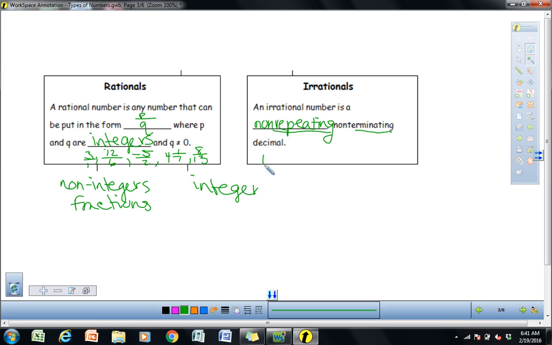So the square root of 2, if you put that in your calculator, it's non-repeating and non-terminating. Pi is an irrational number. Negative cube root of 7 is an irrational number. Square root of 13 is an irrational number. 0.121231234 is an irrational number.